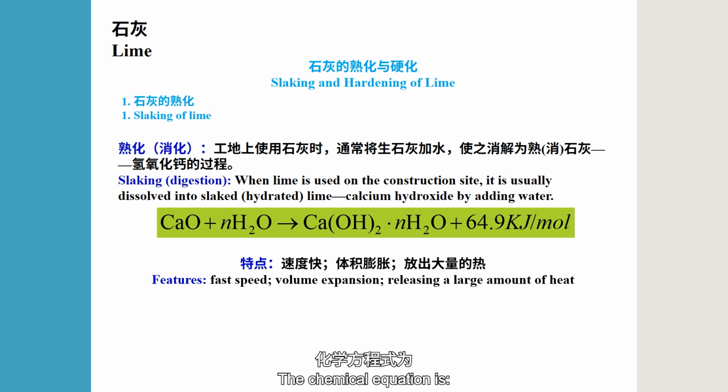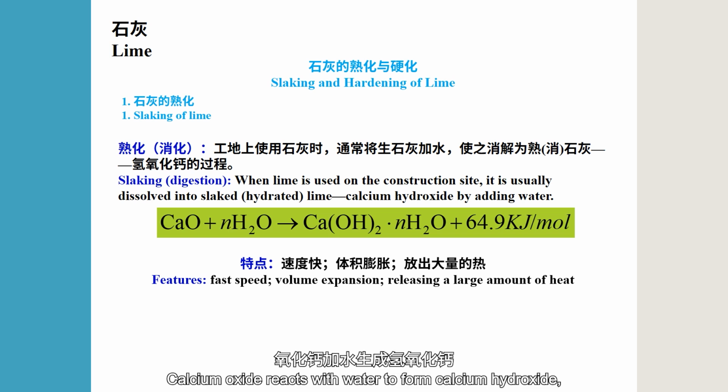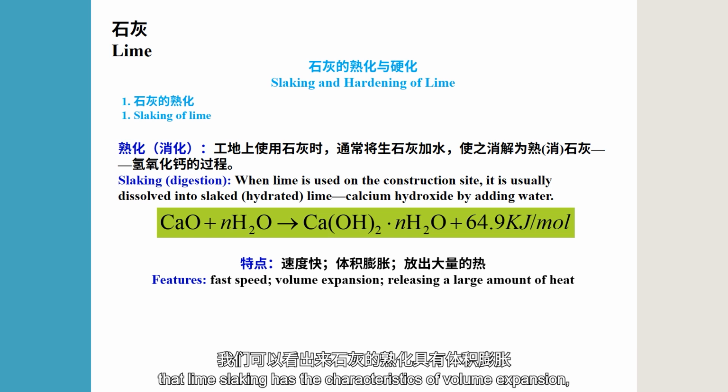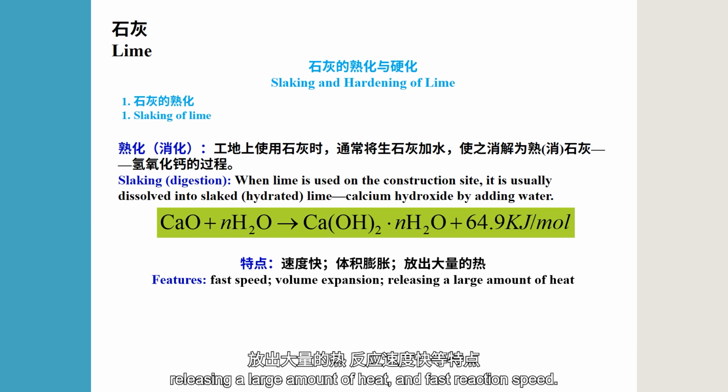The chemical equation is: calcium oxide reacts with water to form calcium hydroxide while releasing a certain amount of heat. It can be seen from the chemical equation and picture that lime slaking has the characteristics of volume expansion, releasing a large amount of heat and fast reaction speed.